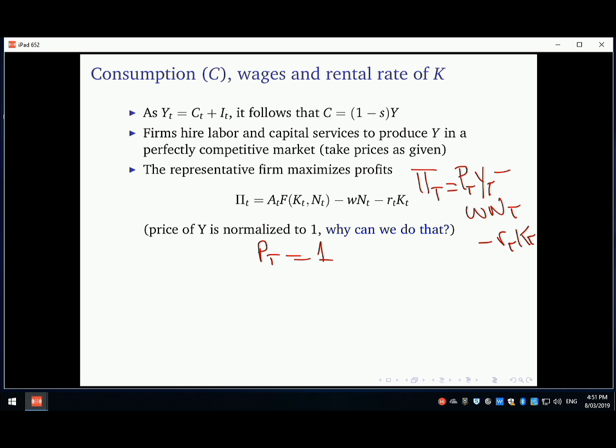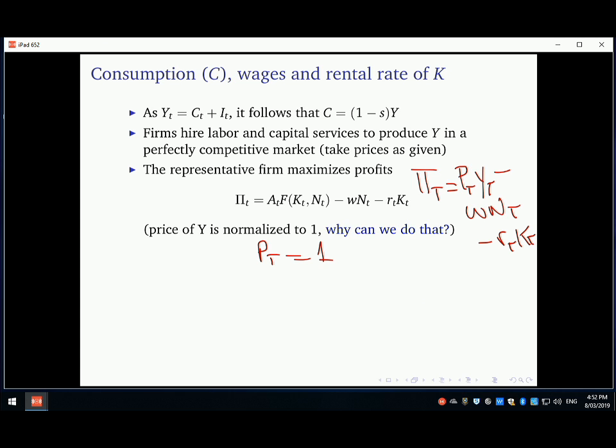Do we care about absolute or relative prices? We care about relative prices. To make marginal decisions, we care about whether the workers or the capital became more or less expensive in relative terms. So we can just normalize one of the prices here, because we want to measure everything relative to whatever else is there.